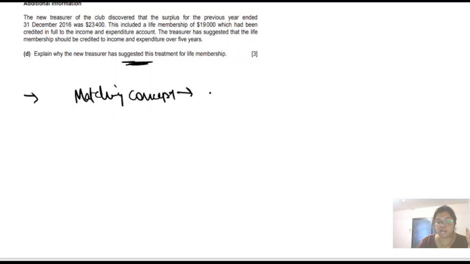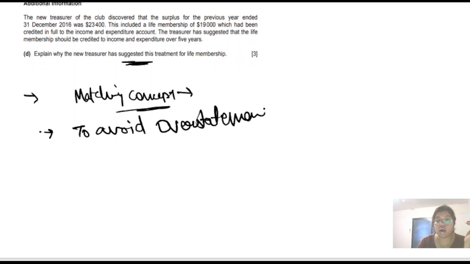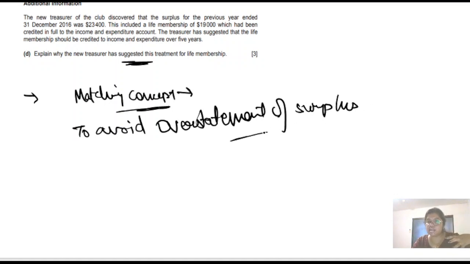So we have to spread it over, as per the matching concept. The second is to avoid overstatement of surplus. If you give the whole amount in 1 year only, then in that year we get an overstated surplus.